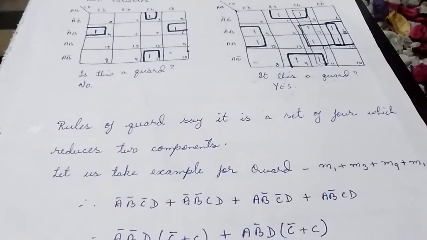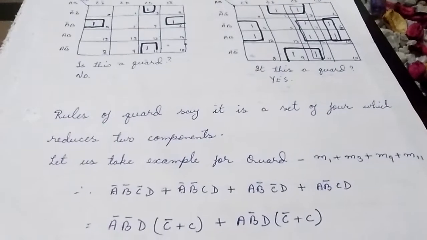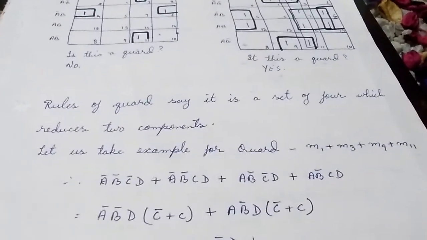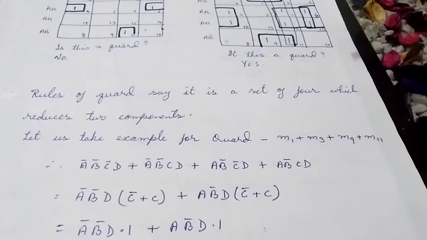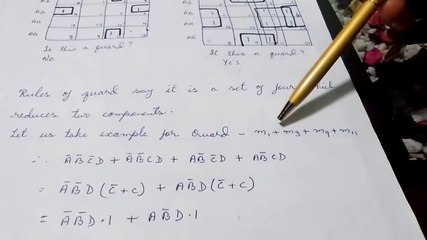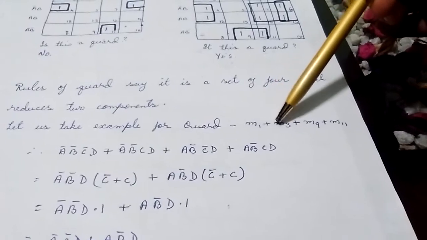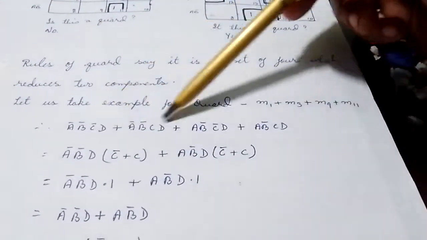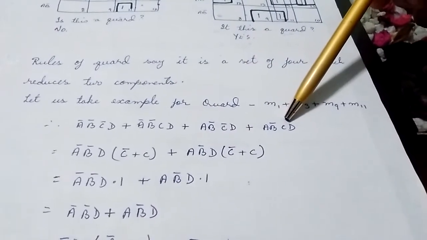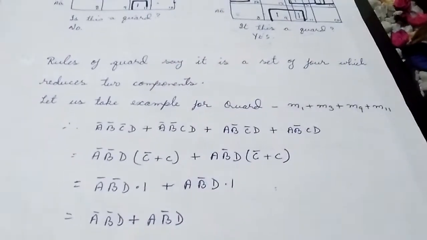So we see the rule. The rule of the quad says that it is a set of 4 which reduces 2 components. Let us see an example for a quad. Suppose one quad is M1, M3, M9 and M11. Out of these min-term combinations, we see the shortcut method.